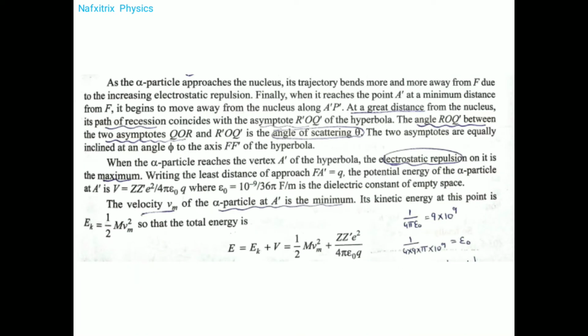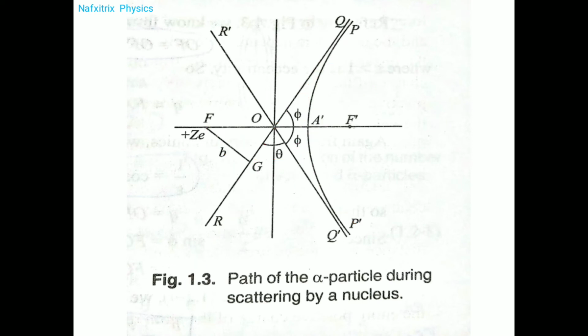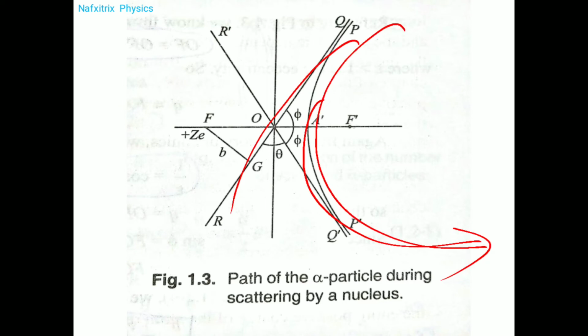As the alpha particle approaches the nucleus, its trajectory bends more and more away from the axis FF' due to increasing repulsion. That is the thing I have explained just now. It begins to move away from the nucleus along A'B'. So this is nothing but A'B'. Instead of going in this direction, it is choosing to go back like this, nearly like this.